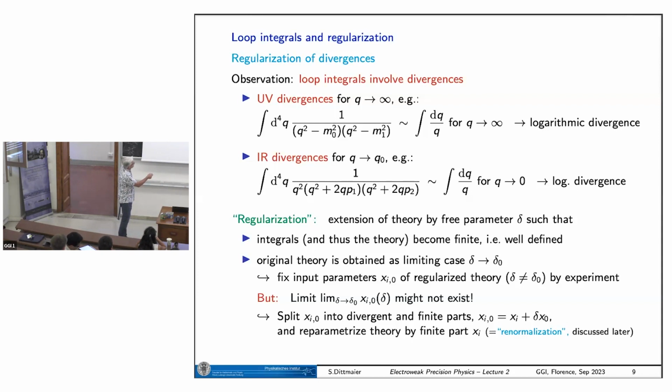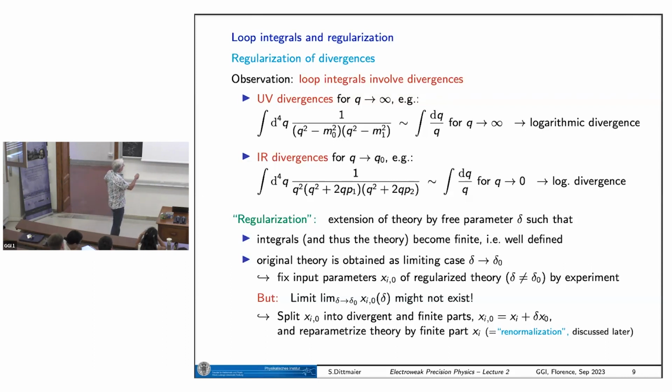So this leaves us with a dq over q for q going to 0. Again, a log is the integral, and you get a log of 0. Again, a logarithmic divergence, but now it's called a soft divergence here. There are also collinear divergences. I will not talk about this at this point.